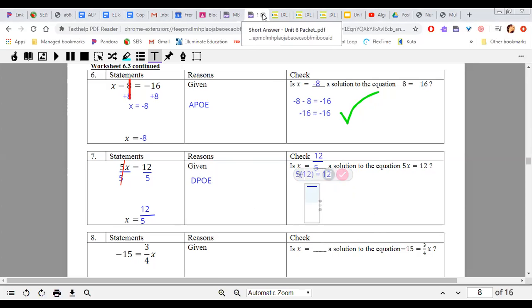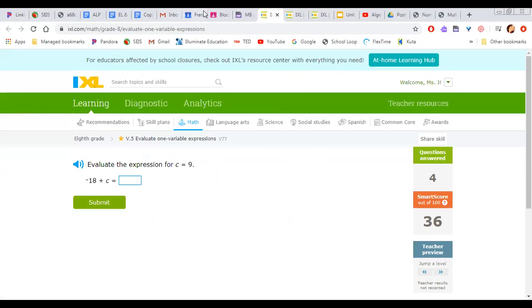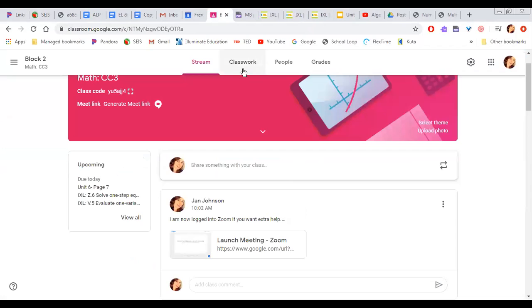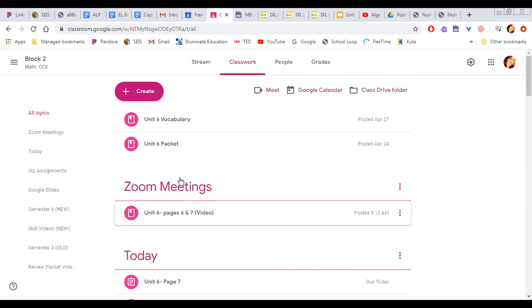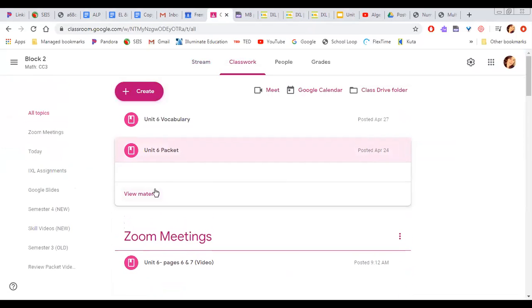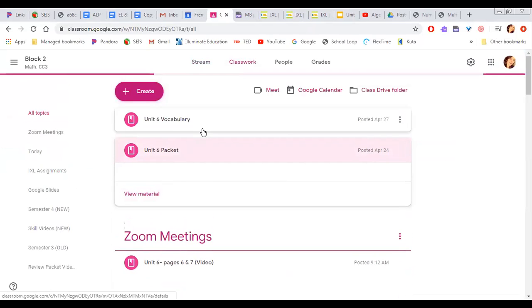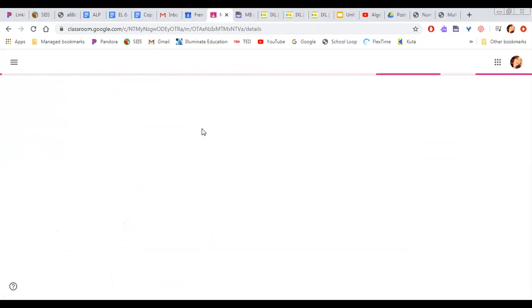Let's see if that'll work. Okay. Let me go back in classwork. That's page 7. See, it's still lagging.